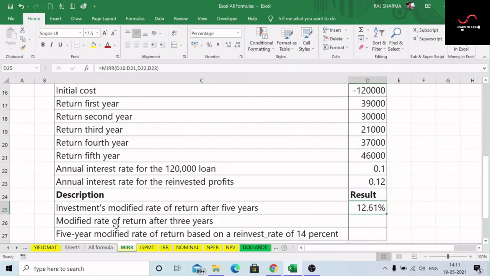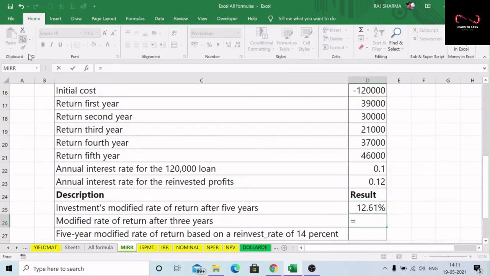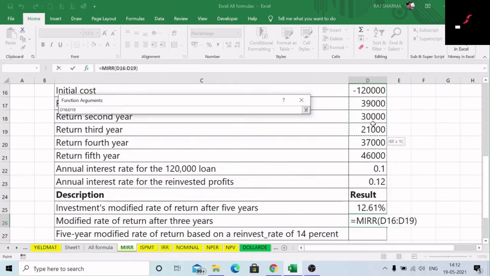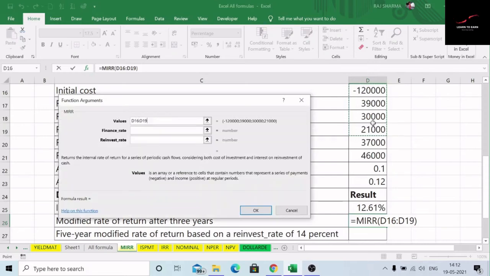Similarly, you can work out the modified rate of return after 3 years also. You just have to select the initial 3 years period. Select the MIRR, put the value: the initial investment plus the subsequent 3 years of income which is generated and going to be reinvested.